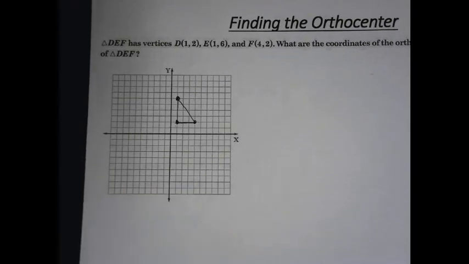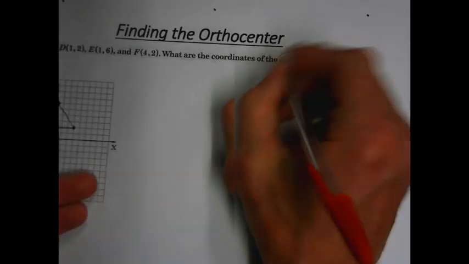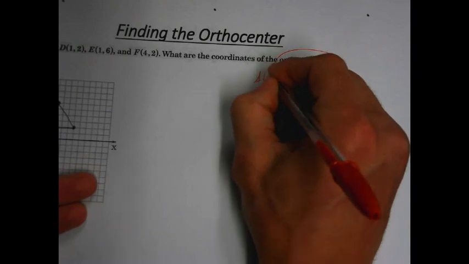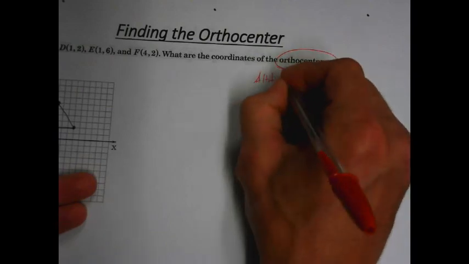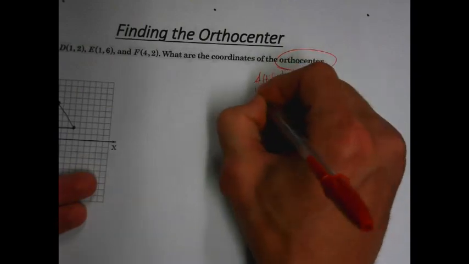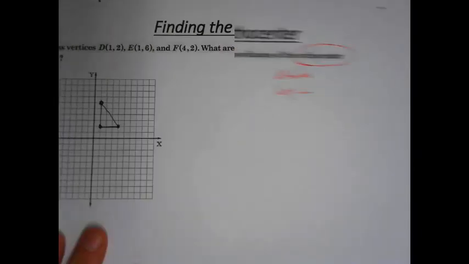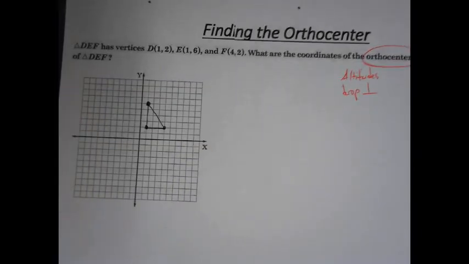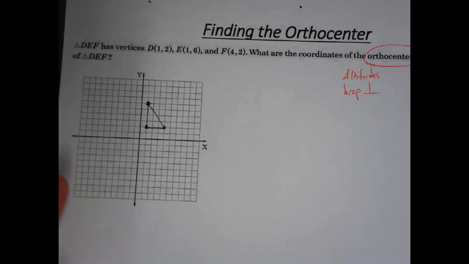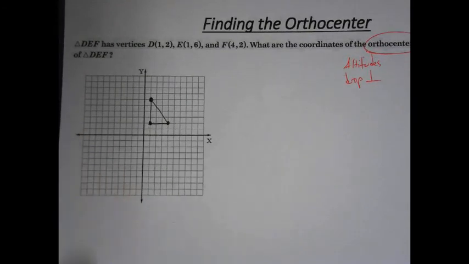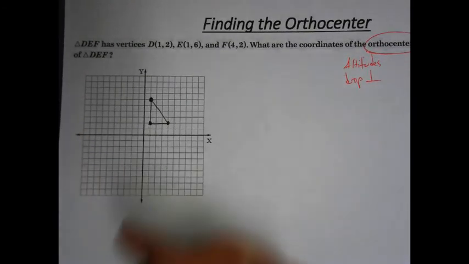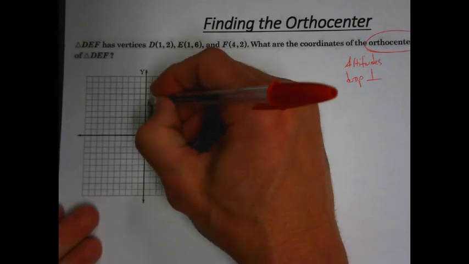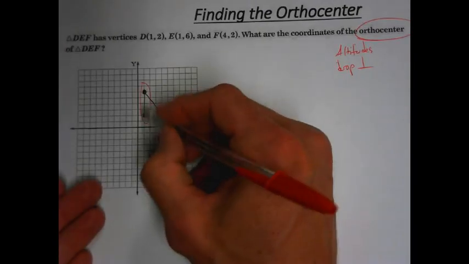And again, the orthocenter is altitudes, and altitudes means dropping a perpendicular. So we're going to drop a perpendicular from the vertices. Now, here's what's interesting about this particular example. We're actually done. We're looking at the orthocenter. Because check this out. Our side here is a vertical side.